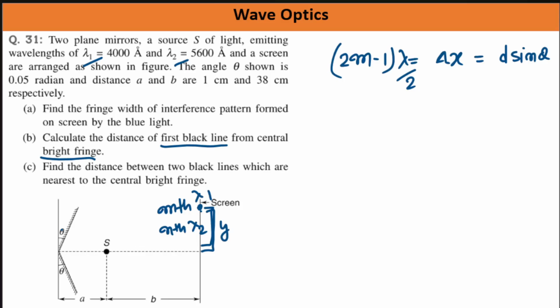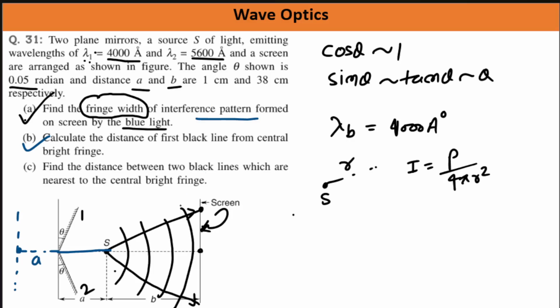Okay, so capital D जो तुम्हारा मिल रहा है ना और small d, small d तुम्हारा क्या है, 4a theta है ना. So this is of the range how much? 4 into 10 to the power minus 2 into theta, that is 5 into 10 to the power minus 2. So this is equal to 2 into 10 to the power minus 3.